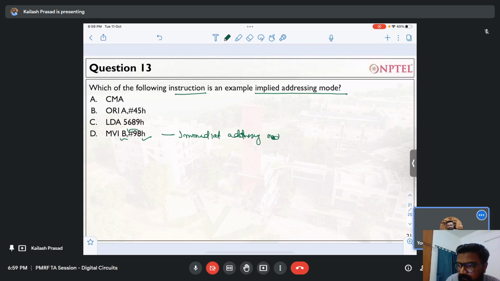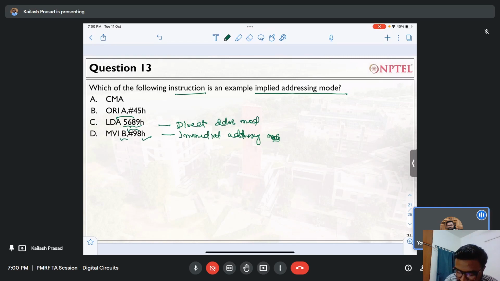Then what we have is whatever the content of the address in the memory. So if this is the memory address, whatever the content is, it is being added to the accumulator, and this mode is what we call direct addressing mode.